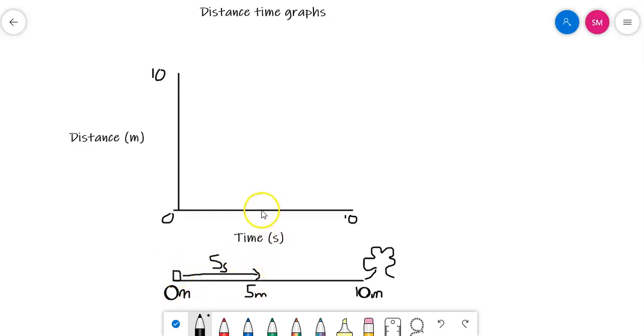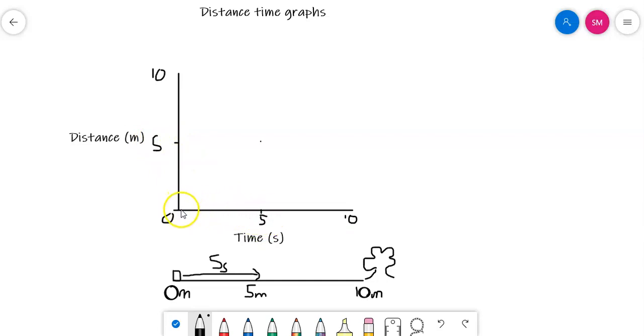So how would we show that on this distance time graph? Well, what we would see is that there will be an intersection point here. We'll see that the object goes from 0 meters to 5 meters. This would be 5 meters here. This is 5 seconds here.